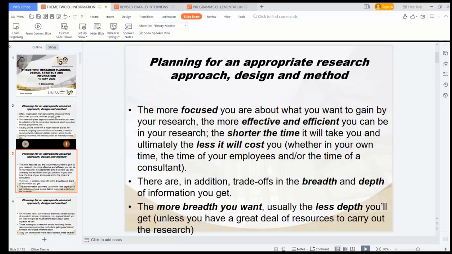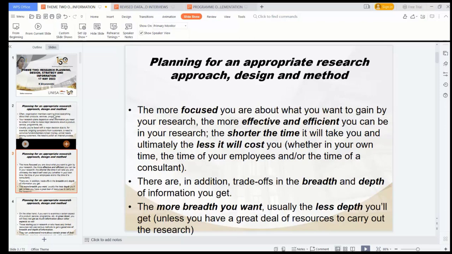They can pour a lot of money to go and collect a lot of data, but if it does not assist them in helping their challenges, in other words, if they are not focused, it will just be a waste of money.